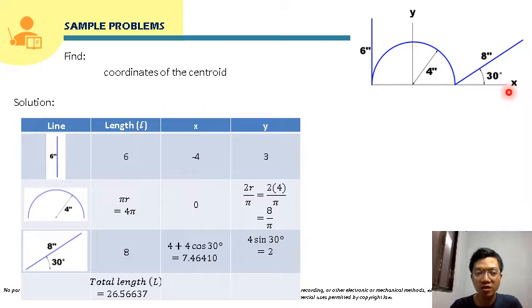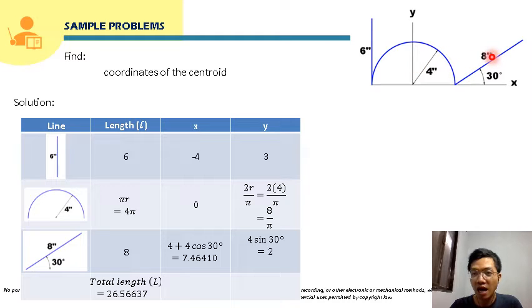Now for the 8 inches inclined line, its centroid is at the center of this line. If this is 8 inches, the center will be 4 inches. So we are going to solve for the x-coordinate, which will be the horizontal distance of this point from the reference point.